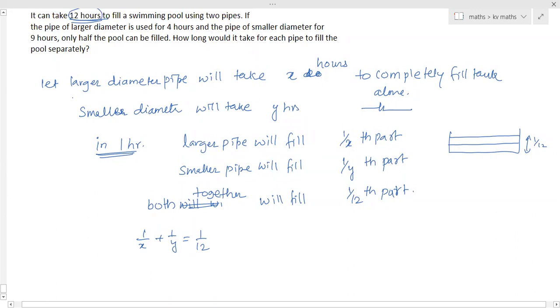If it is working for 4 hours, how much part will be filled? 4 by X. Now the smaller pipe fills 1 by Y part in 1 hour, so in 9 hours, how much part? 9 by Y. And altogether, how much part of the tank are they completing? Half, that is 1 by 2.